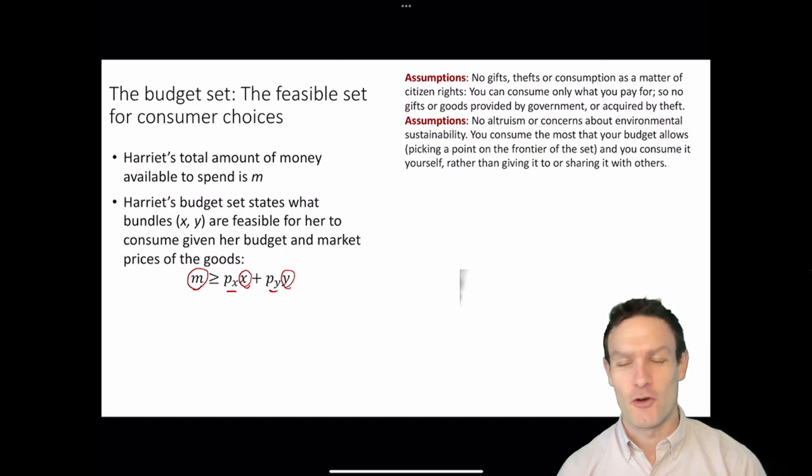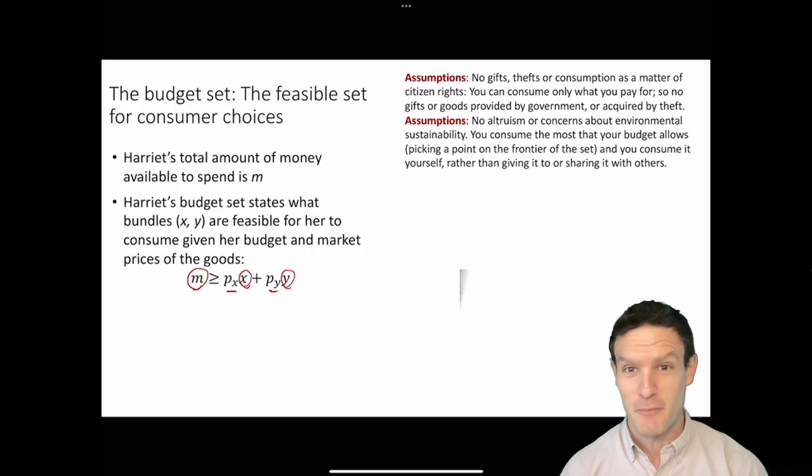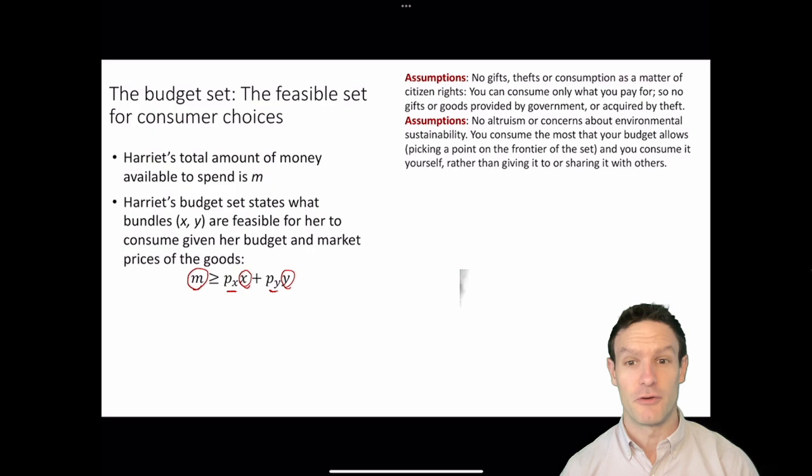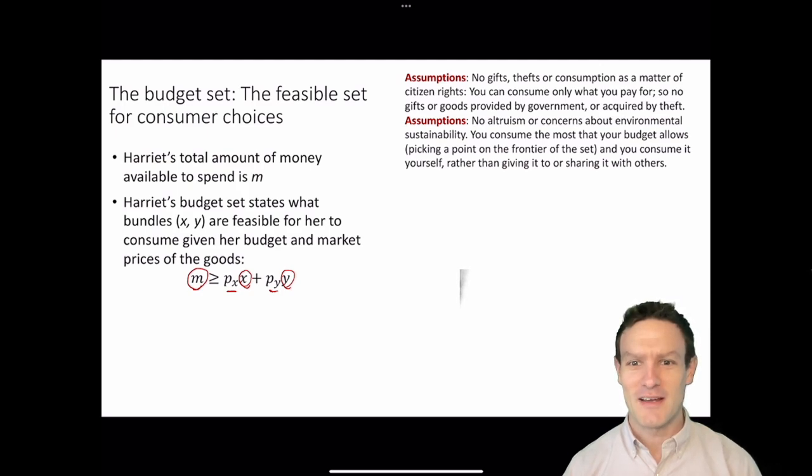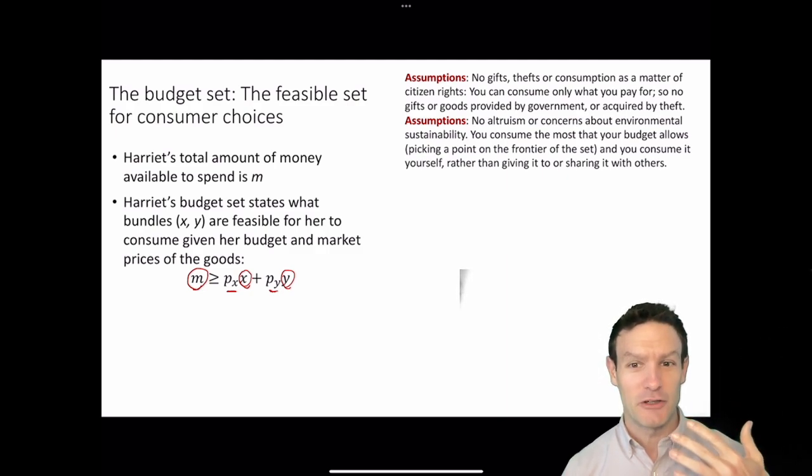Now, this is where the assumptions come in. We're assuming that you've got no gifts, that you can't steal stuff from anyone, and that there's no kind of consumption as a matter of rights of being a citizen. So you're not just getting some good free of charge. If you think about something like radio, if you just have a radio and it's being provided as a public good, then that's something you're able to get free of charge.